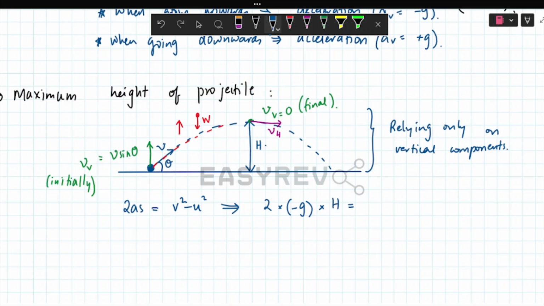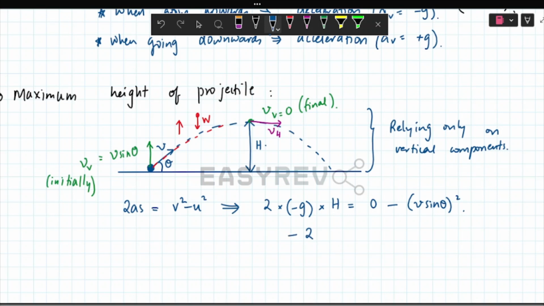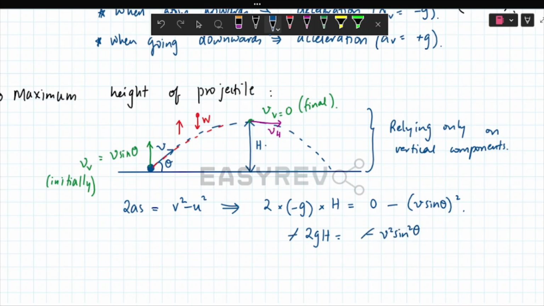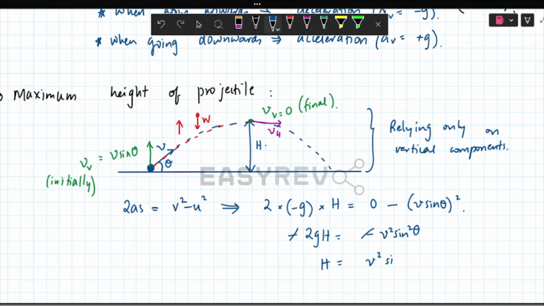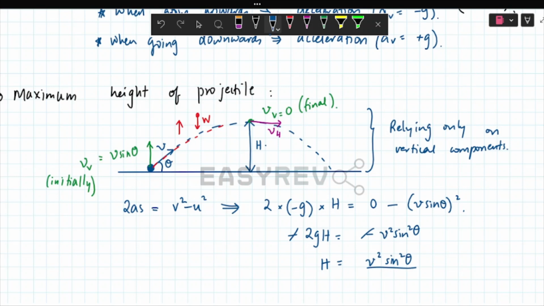The final vertical velocity is 0 and the initial vertical velocity is v sine theta whole squared. So now it's just a matter of simplifying things. Minus 2gh equals minus v square sine square theta. The negative signs cancel. And so I have an expression for maximum height, that is v square sine square theta divided by 2 times g.